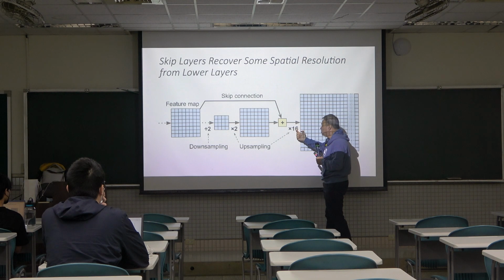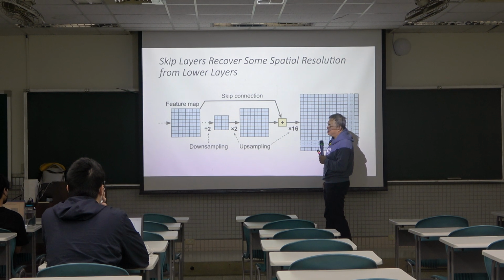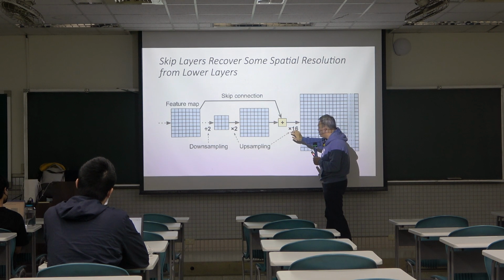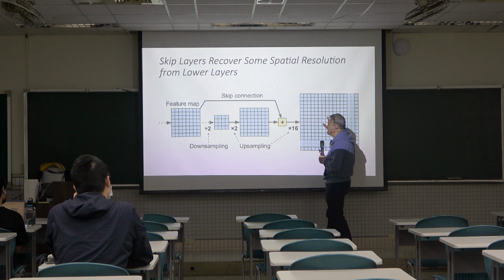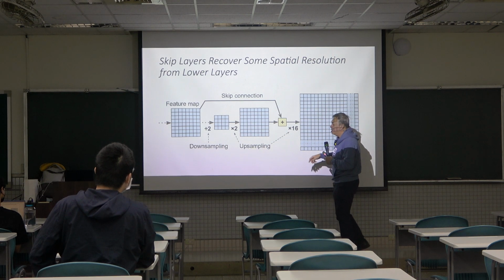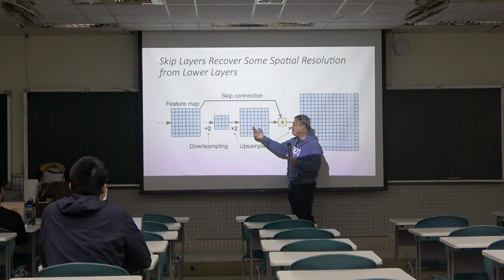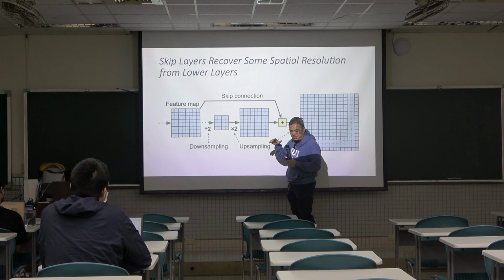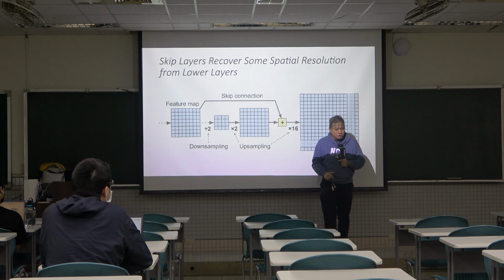If you don't have the information from the larger feature map from the earlier layer, you are not able to increase the size by 16 times and get a good result. With the transpose convolutional layer, if you just increase by 2 times, it can perform well, just like bilinear interpolation.